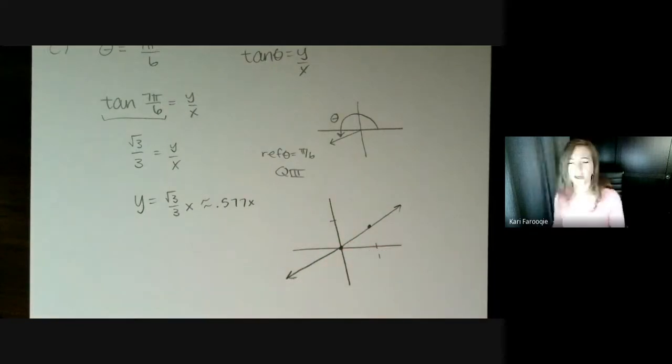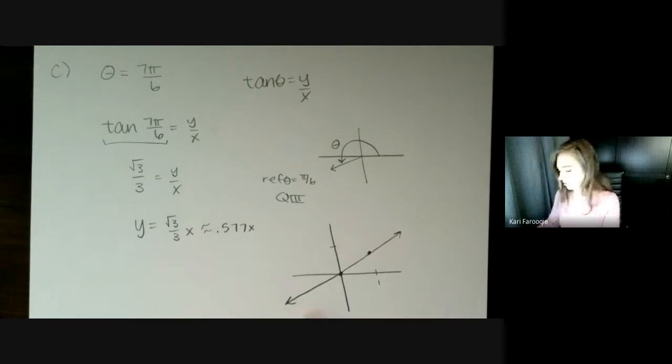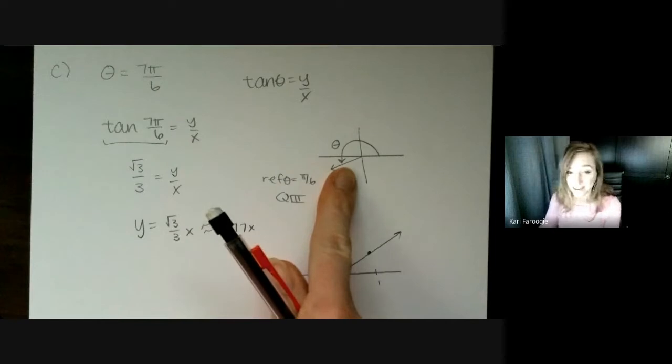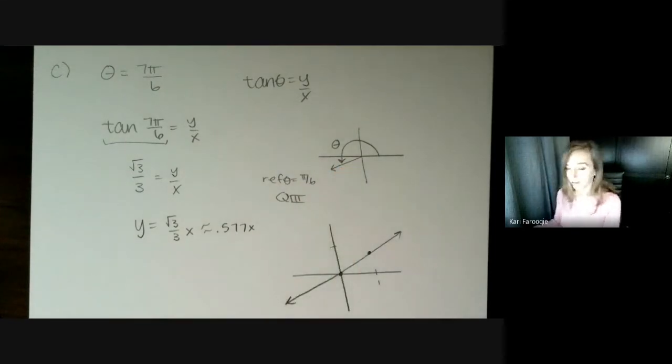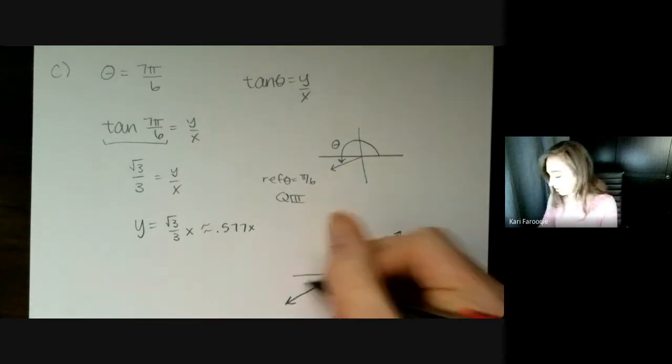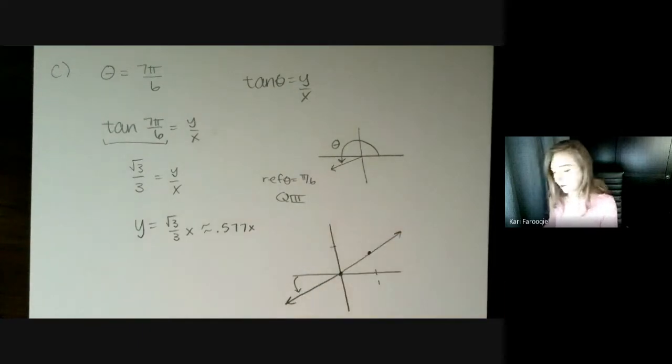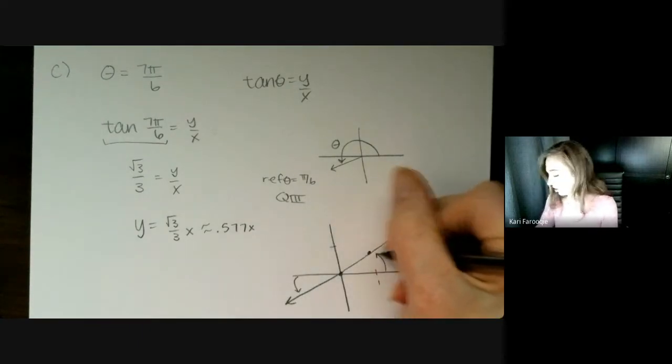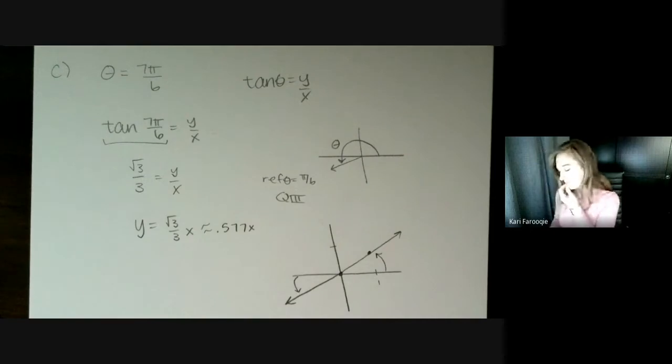And then if you're like, wait, how does this relate to what we were just talking about? I don't get it. Well, that's how it relates, because this is 7 pi over 6. So it's just making this angle in each case with this particular slope.